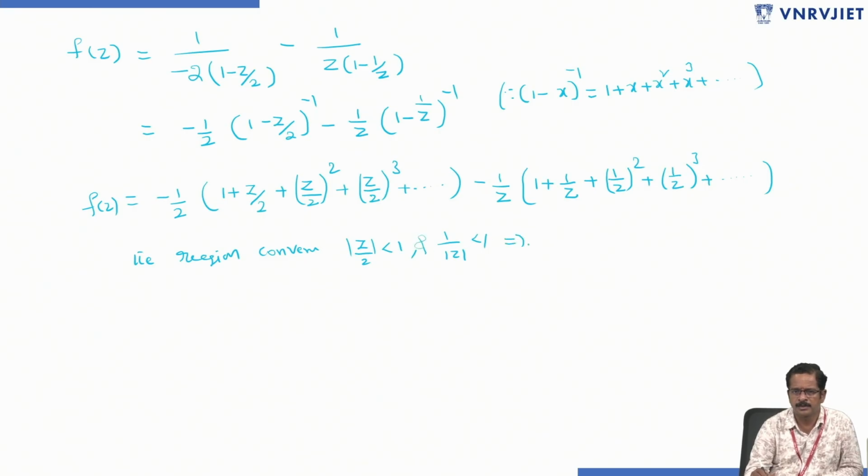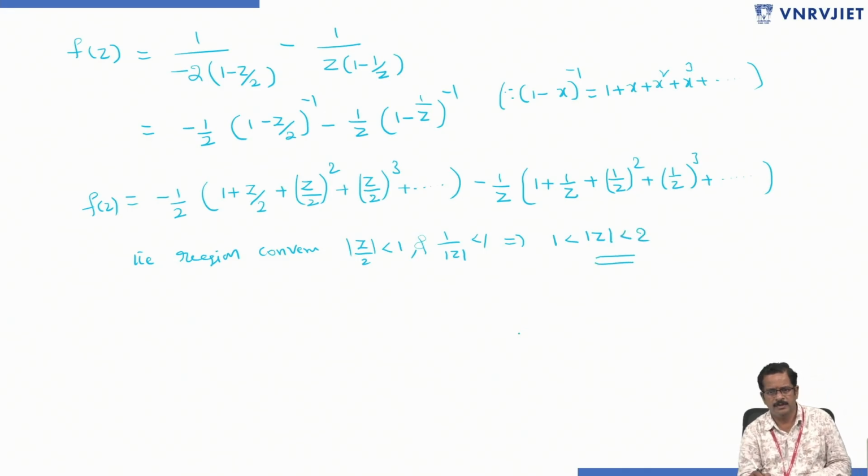That implies 1 less than mod z less than 2. The Laurent series expansion in the region 1 less than mod z less than 2 is nothing but in terms of z by 2 and in terms of 1 by z terms. Okay.